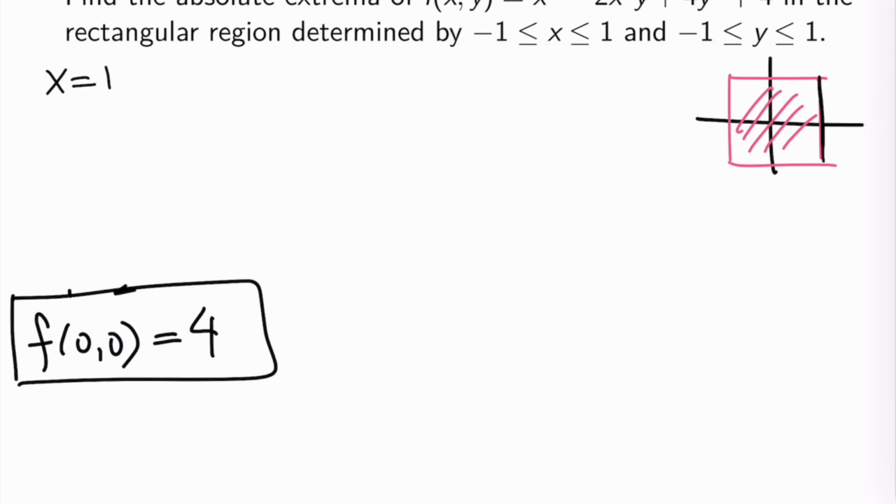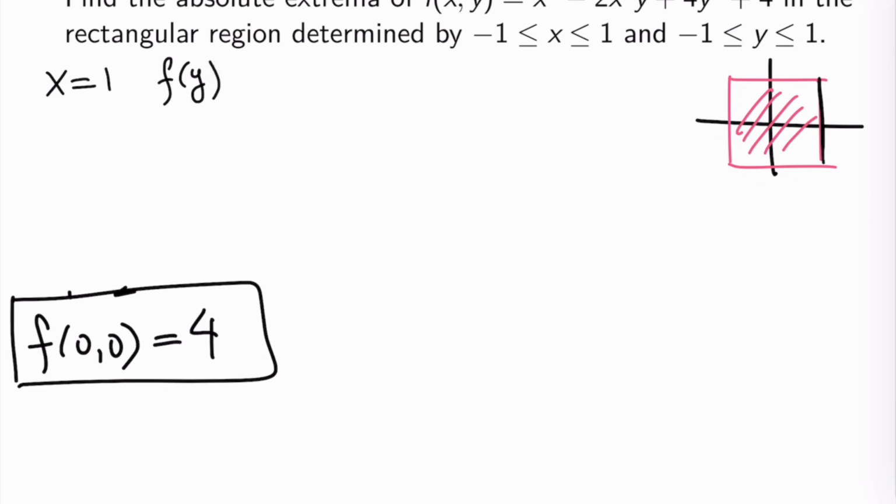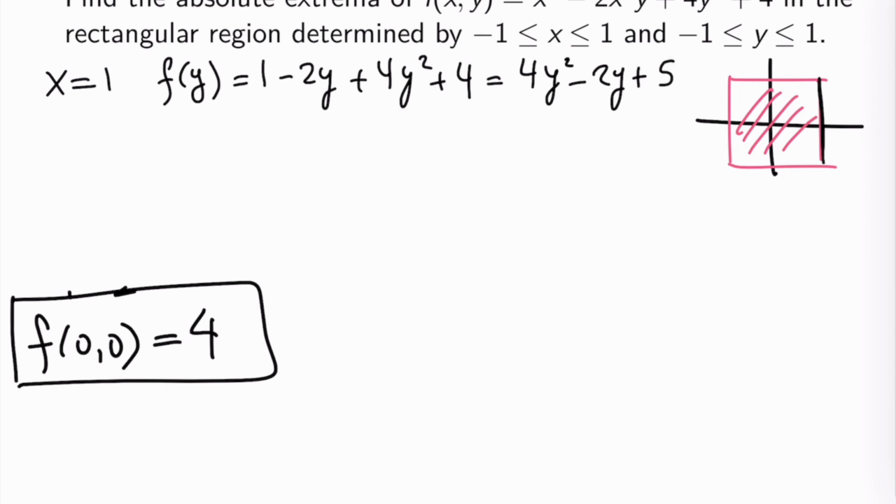So it's going to become a function of one variable. And we're going to have that f(y), if we put x equal to 1 in all the places where there is an x, is equal to 1 minus 2y plus 4y squared plus 4. Combining like terms, this is 4y squared minus 2y plus 5.